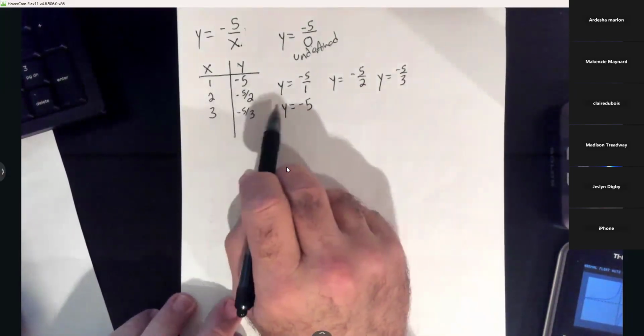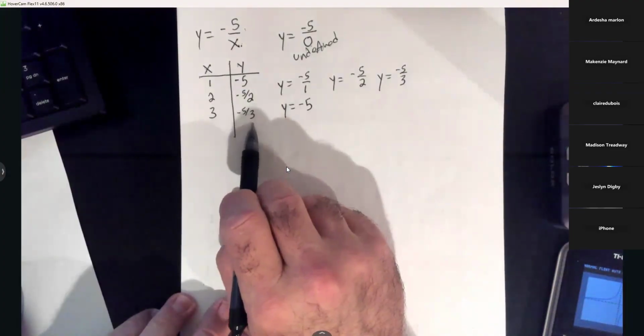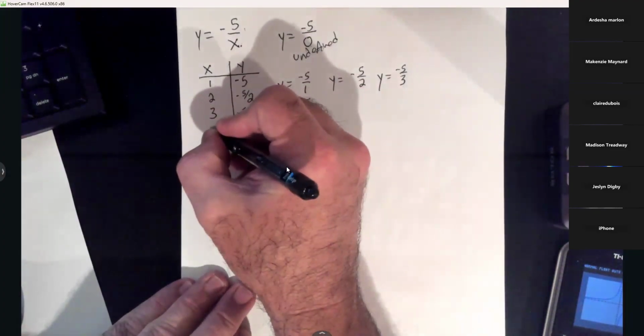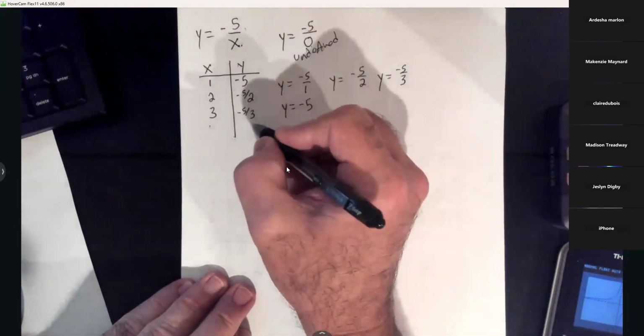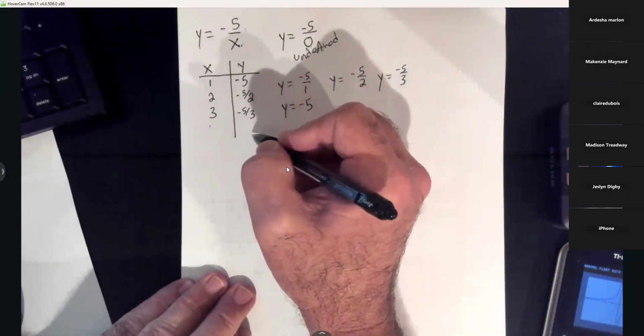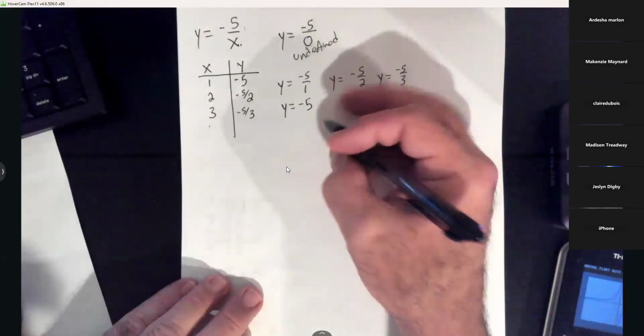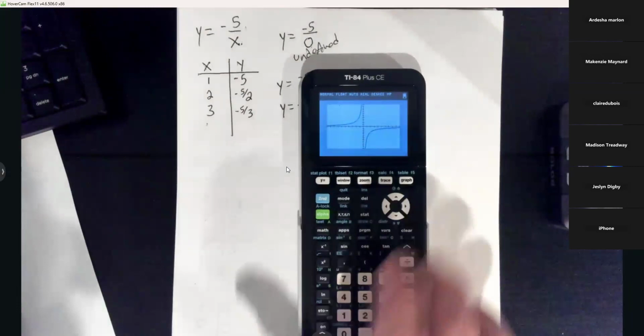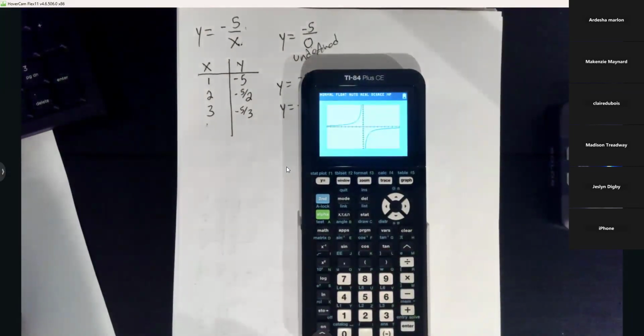-5/3. Well, what's happening is this is getting smaller and smaller, right? If you put a 5 in it, it would be a -1 there. So it's getting smaller and smaller as you go to the right. So that's why we picked this graph that looked like that.